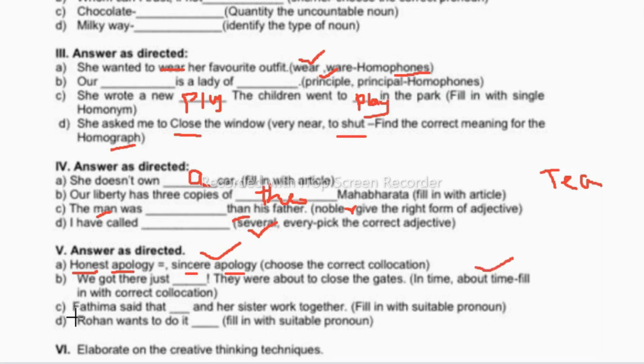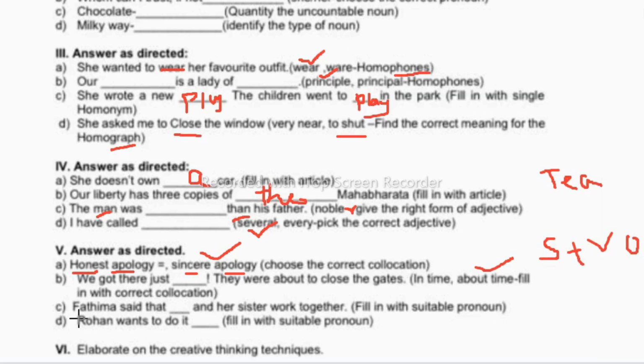Next one, Fatima said that dash and her sister worked together. Fill in the blanks with a suitable pronoun. So here Fatima said that, it's already one sentence completed. Now you need to start a second sentence. The structure of a sentence is subject plus verb plus object.